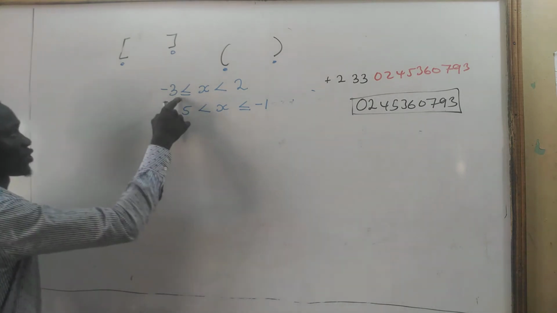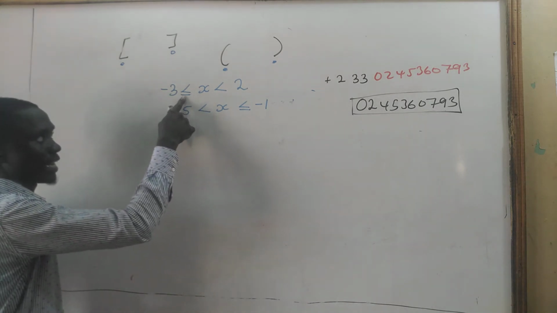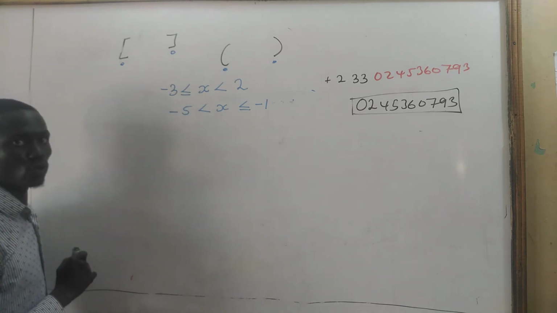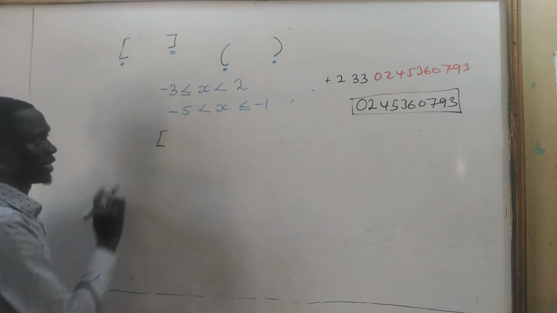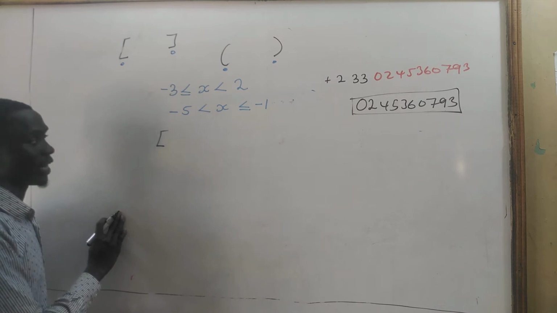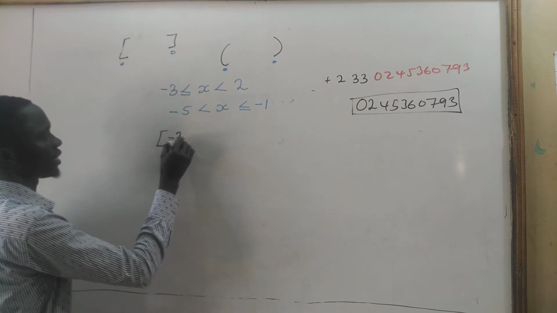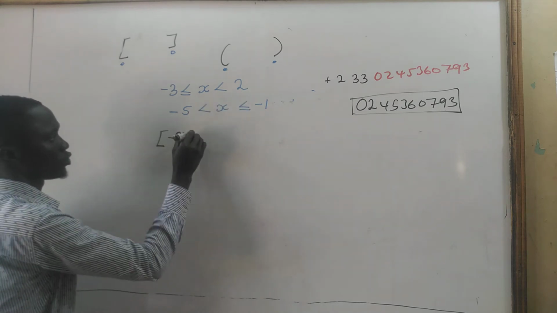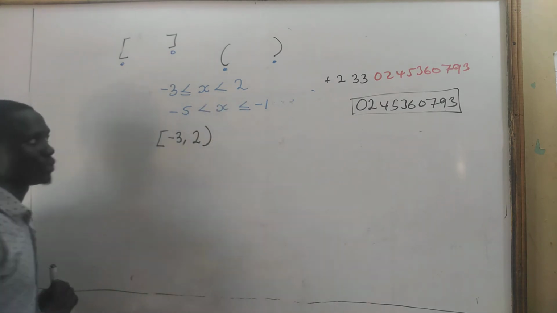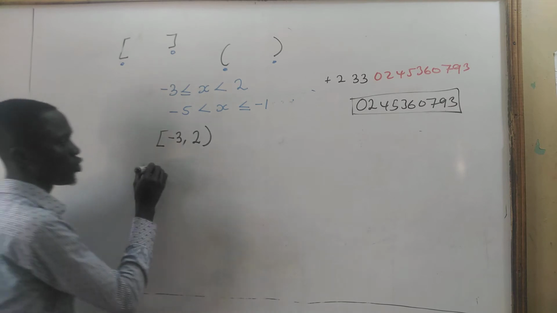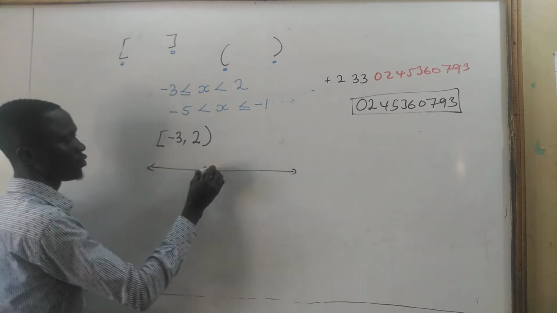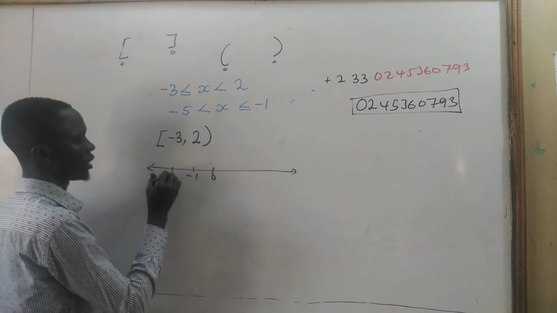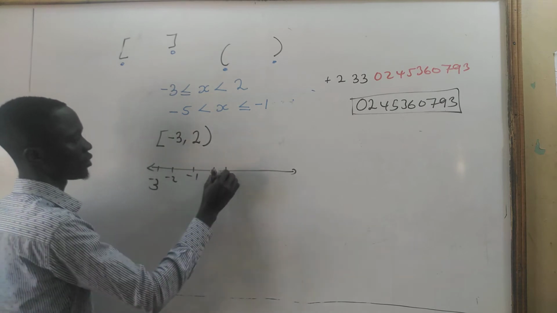Here, in the first one, the less than or equal to sign means that the endpoint is included, so you bring the rectangular bracket and put in negative 3. Then the next one shows that the endpoint is not included, so we write 2 and use a parenthesis. Very simple as that.